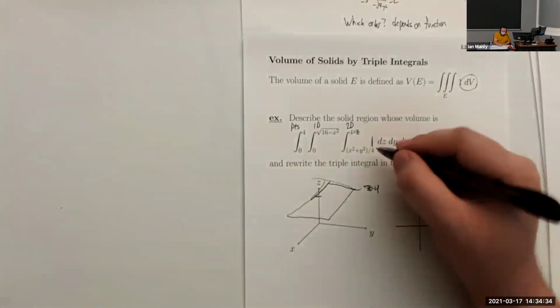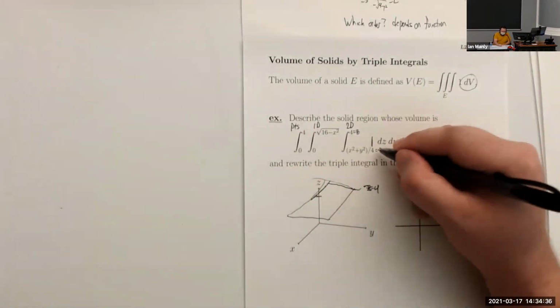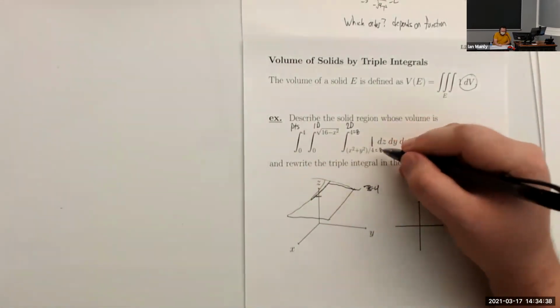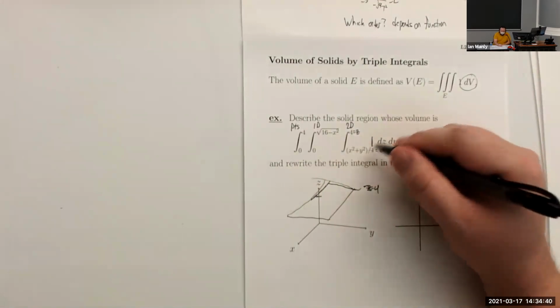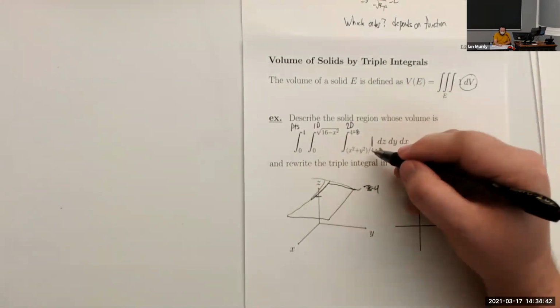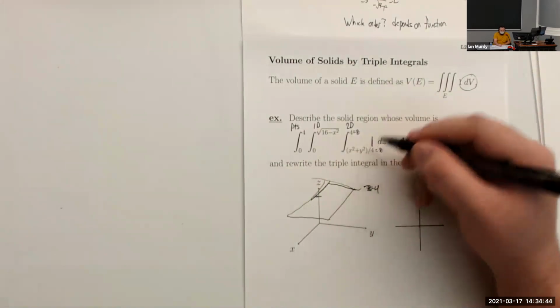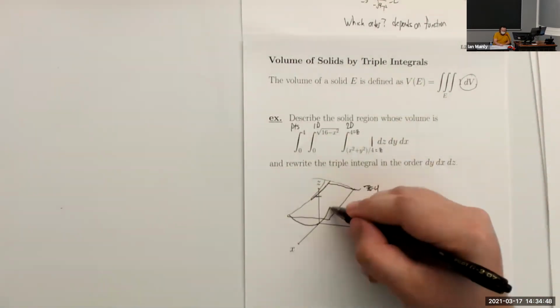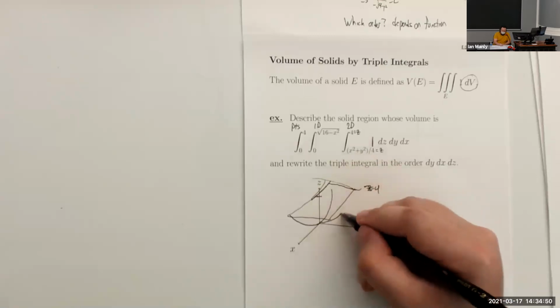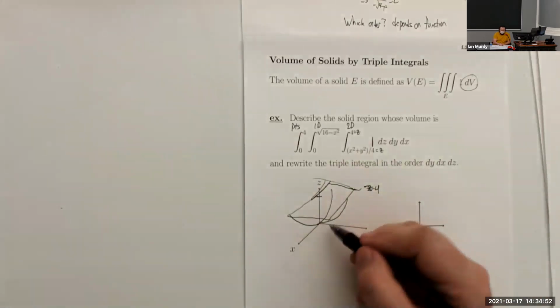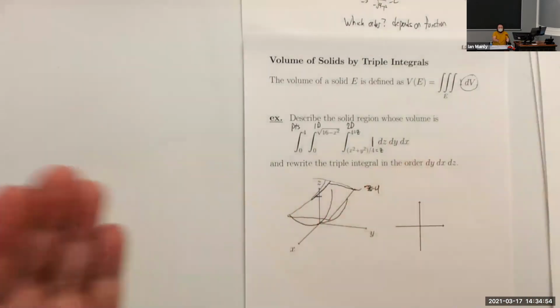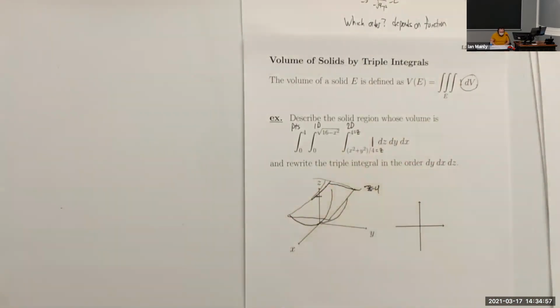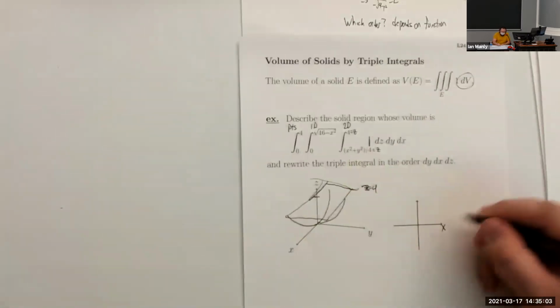And then our lower bound will be x squared plus y squared over 4 is equal to z. So this is another paraboloid, although it's going to be a very wide paraboloid because we're dividing by 4. So we have our paraboloid coming up here like that, making a bowl underneath our plane right here.